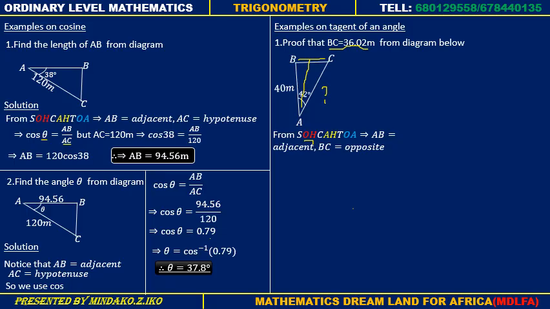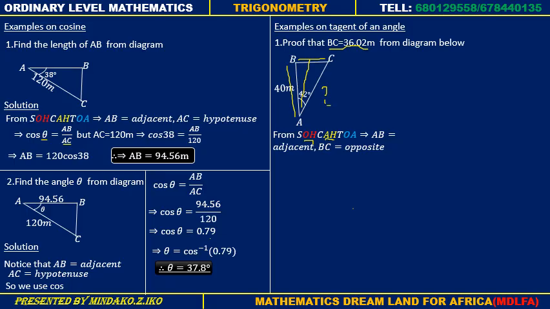Now let's look at cos. Cos is talking about adjacent over hypotenuse. Is the adjacent there? Yes, AB is the adjacent. Is the hypotenuse there? No. Now let's move to tan.